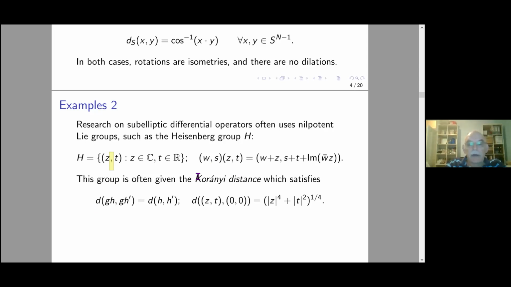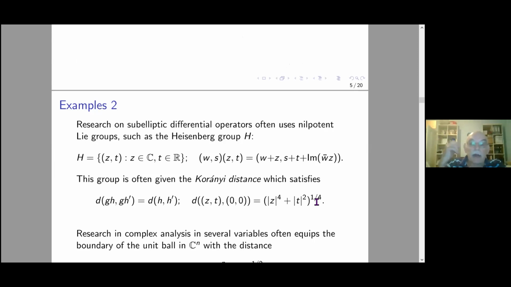This group is given, by the people who work on subelliptic differential operators, the so-called Korányi distance, and the distance of a point (z, t) from (0, 0), which is the origin, the identity of the group, is given by a fourth power of something and a square of something else, and then I take a factor of 1/4. So that's another example of a metric space, and it's an example of a Lie group that has a metric.